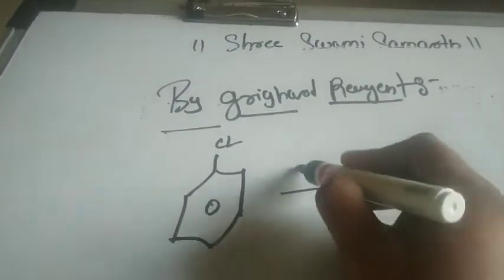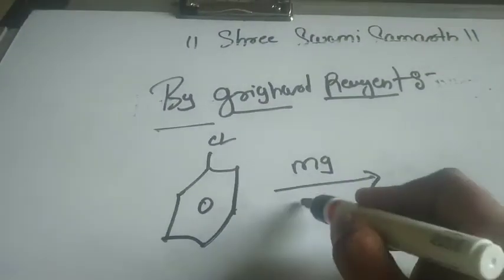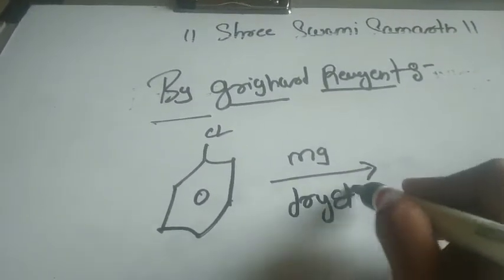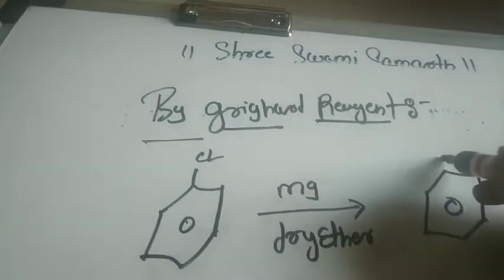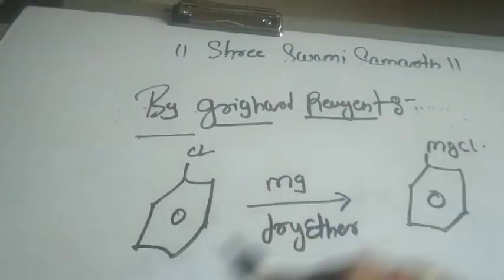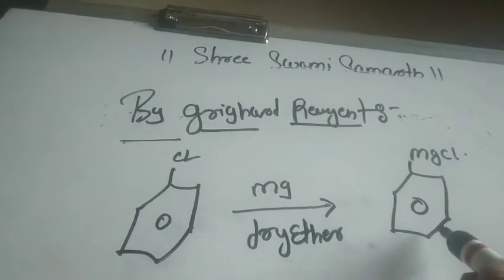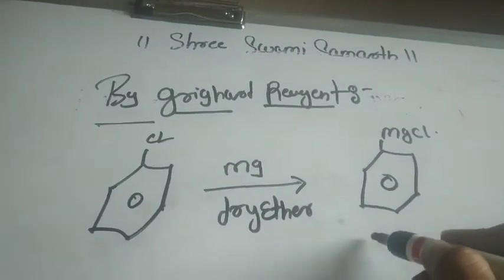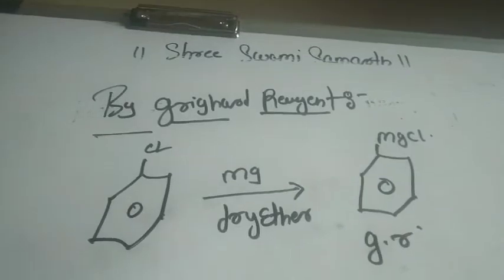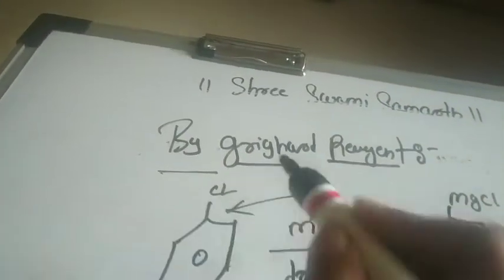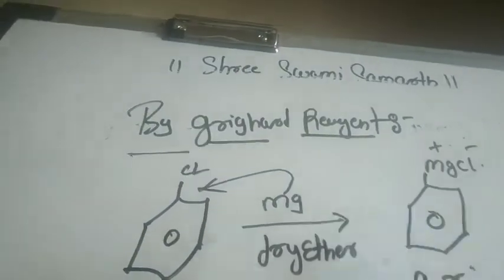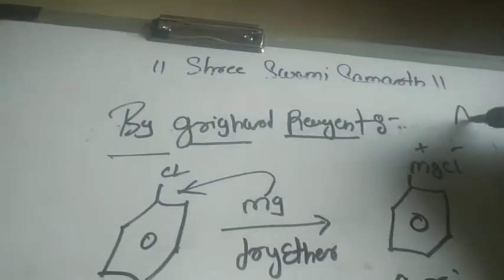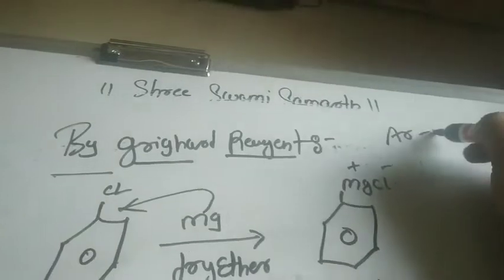When I treat this chlorobenzene with magnesium metal in presence of dry ether as the solvent, it will get converted into MgCl. This is nothing but the particular Grignard reagent. देखो ये Mg जो है इस बेंजीन रिंग के ऊपर चला जाएगा and it will form a compound Mg plus Cl minus. ये वाला कौन सा एग्जाम्पल है? This is the example of ArMgX.